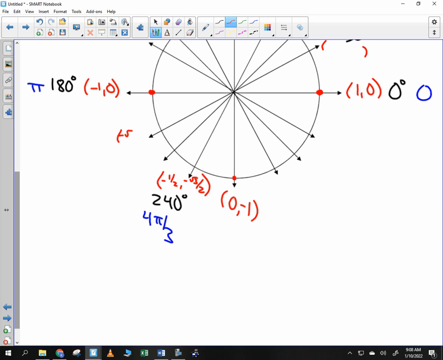So negative root of 3 over 2, negative 1/2. So negative 150 degrees would be the same as 210 degrees, wouldn't it be? Same spot. And we'll mark that as 7 pi over 6.